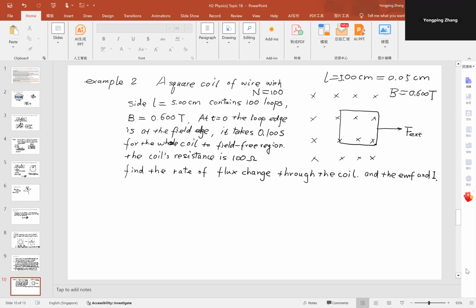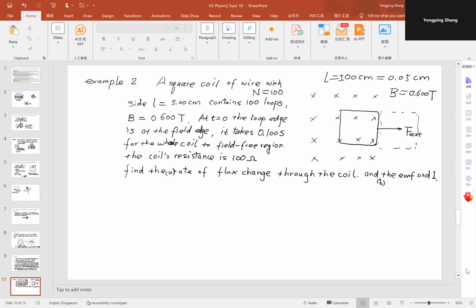It takes 0.1 seconds for the coil to move out into the field-free region. The coil resistance is 100 ohms. Find the rate of flux change through the coil, the EMF, and I.